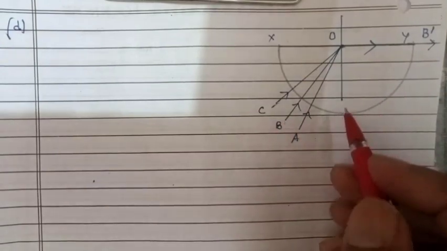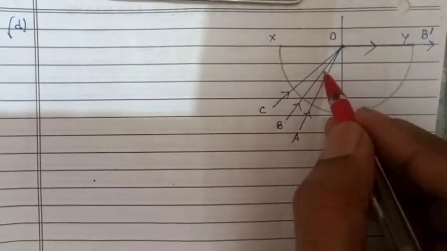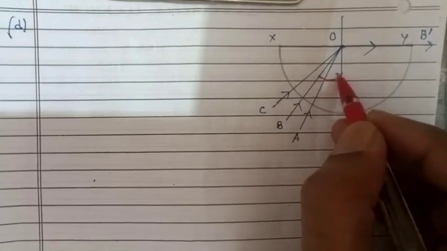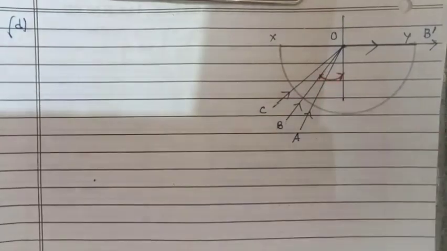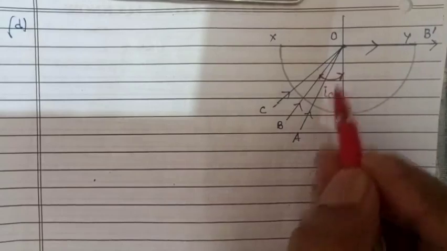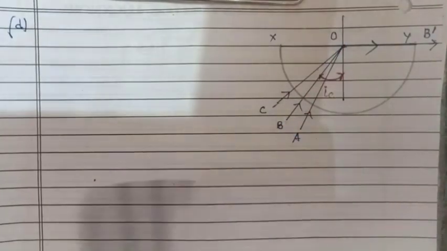Now angle will be between the ray and the normal. So you can mark from here to here, this is the critical angle. So we have marked the critical angle. It is the angle between the ray B and the normal.